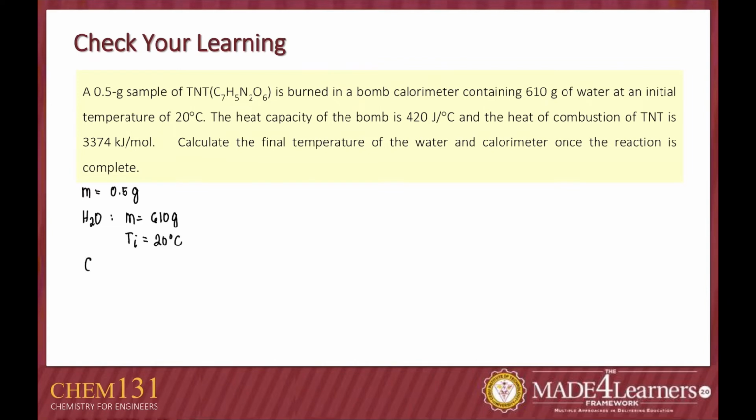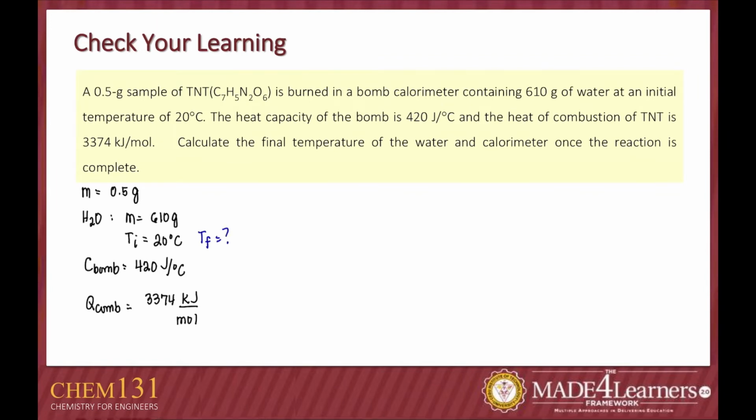The heat capacity of the bomb is 420 joules per degree Celsius. The heat of combustion of TNT, so that's Q combustion of TNT, is 3374 kilojoules per mole. So, ang pangutana, pilay final nga temperature sa water.